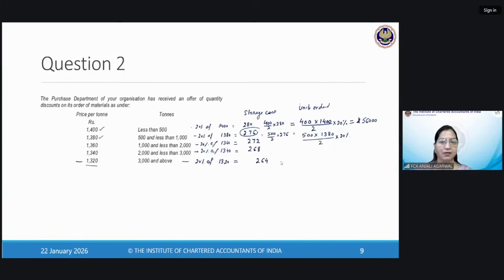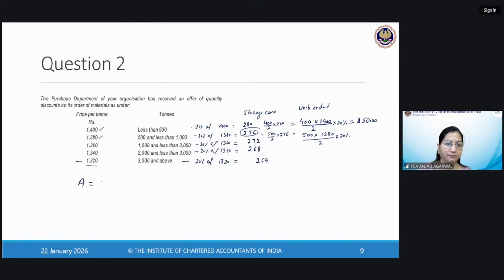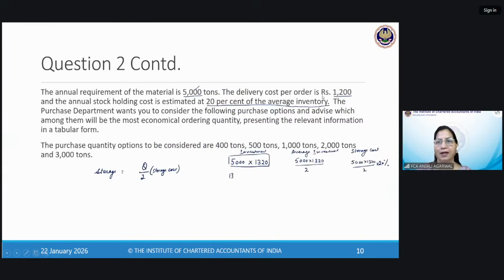So here in this question, your annual usage is 5,000 tons. Storage cost is 20% of the inventory cost, so that would be of raw material. And the delivery cost per order is 1,200.